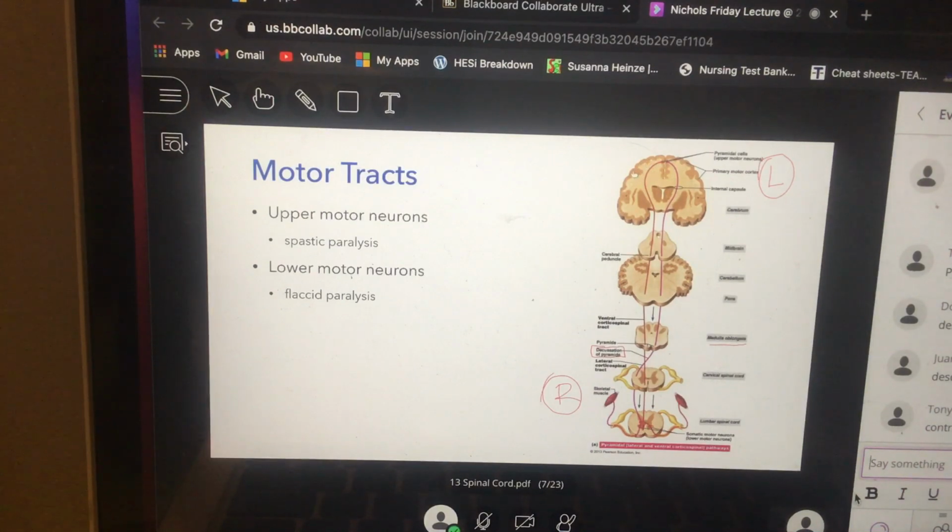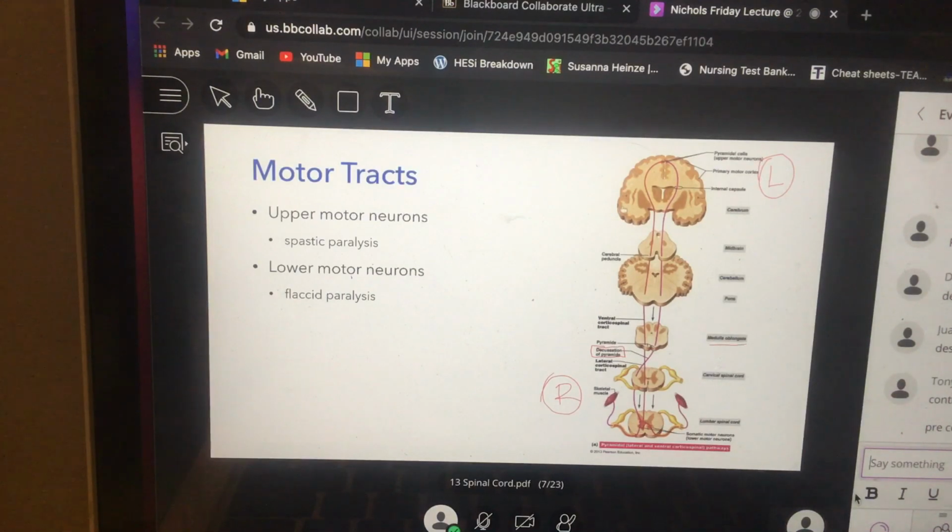What gyrus is that motor cortex on? If the sensory is the postcentral, yeah, the motor is the precentral gyrus.